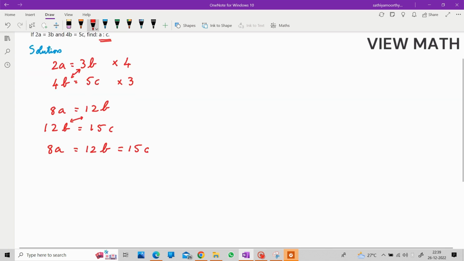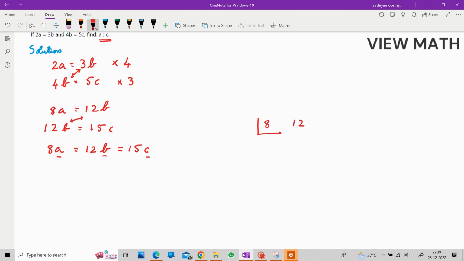Now I need to find out A, B and C. So to find out A, B and C, I am going to find out the LCM of 8, 12 and 15. 2 times 4, 2 times 6 and 15 as such I am writing, and 2 times 2, 3, 15 as such I am writing, and again 2 times 1, 3 and 15.